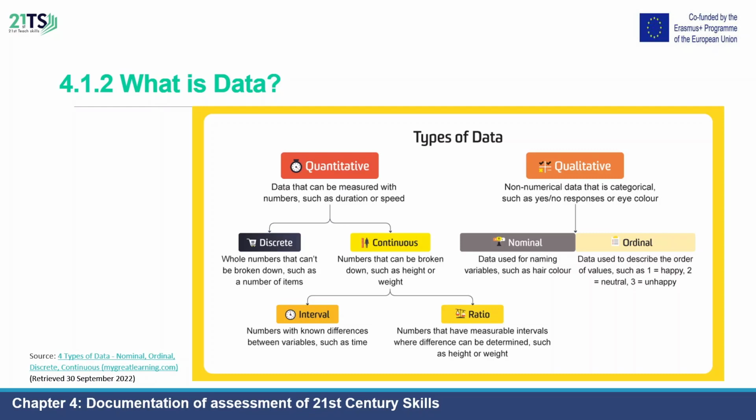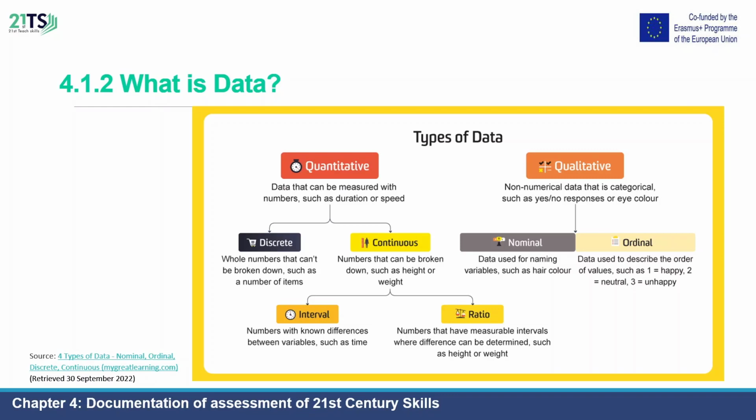So the qualitative data refer to non-numerical data, which is categorical, such as yes or no response, or the color of hair or the color of eyes. And these non-numerical data are classified into nominal data or ordinal data.